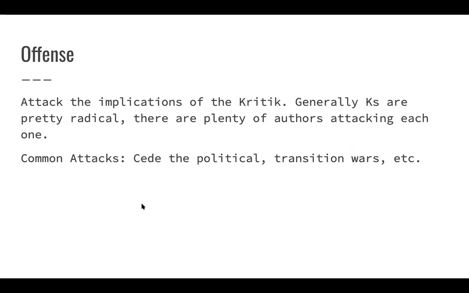Offense. This is where you attack the implementation of the alternative, the implications of their theory. Generally, Ks are a little bit radical, which means there are lots of authors attacking them. Some common attacks, maybe they're reading a pre-fiat argument.